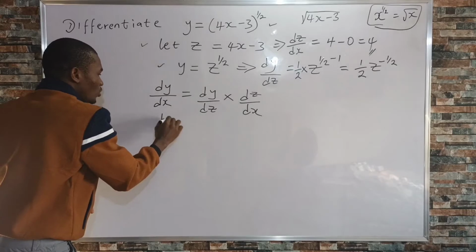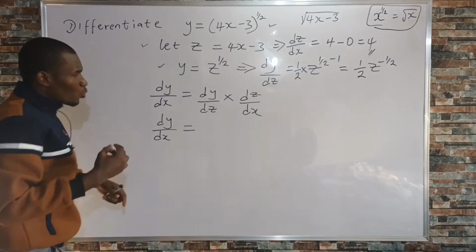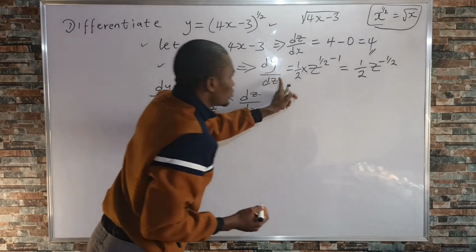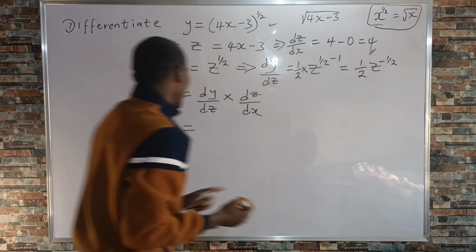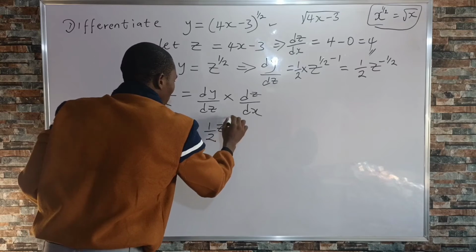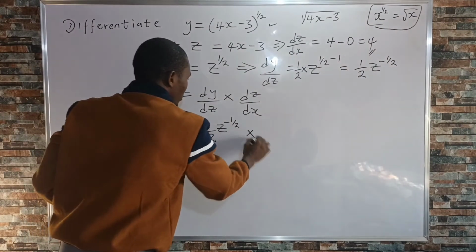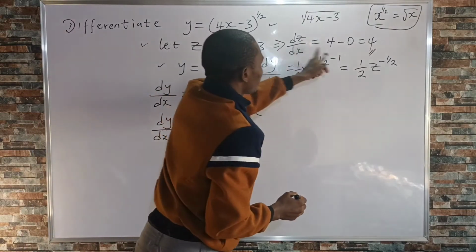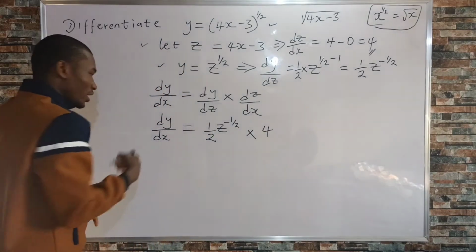Such that our dy/dx is simply equal to, what is our dy/dz? Our dy/dz, we already solved it to be half z raised to the power of negative half. So here we have half z raised to the power of negative half, then multiplied by our dz/dx, we got it to be 4. So here multiplied by 4.